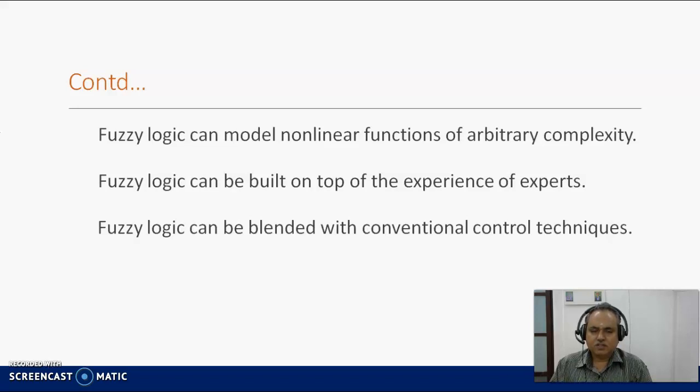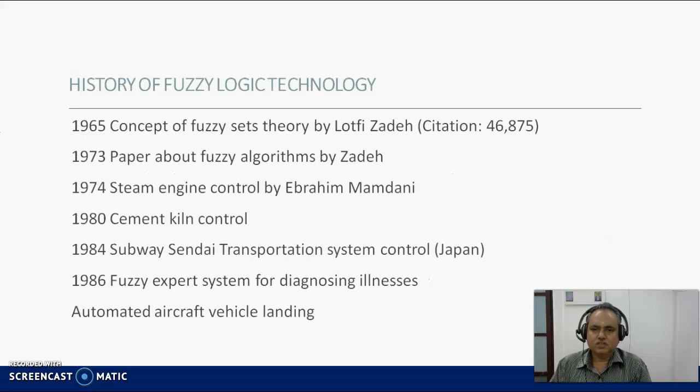Wherever uncertainty is present in any system, fuzzy logic can be added to it, and you can blend it with the existing system. That makes it applicable to several areas. Fuzzy logic is based on the natural language that we speak, so that makes it possible for anybody to understand and write it.